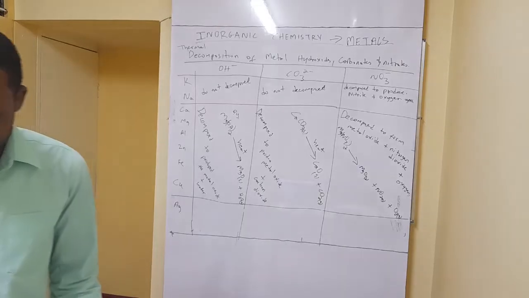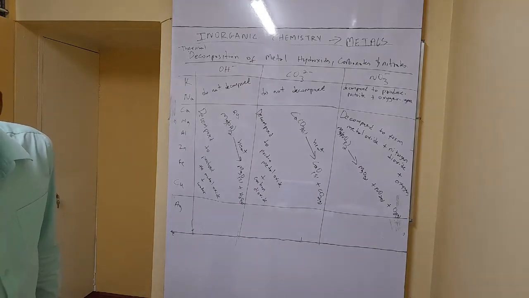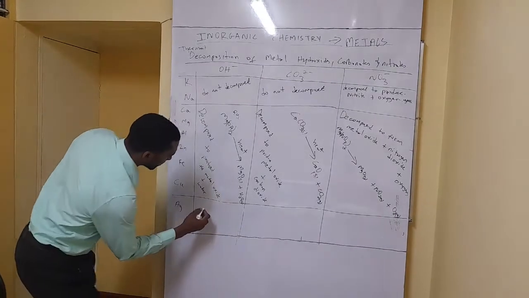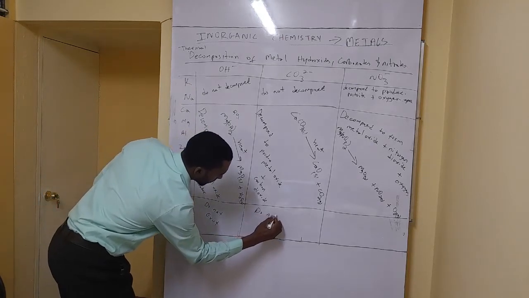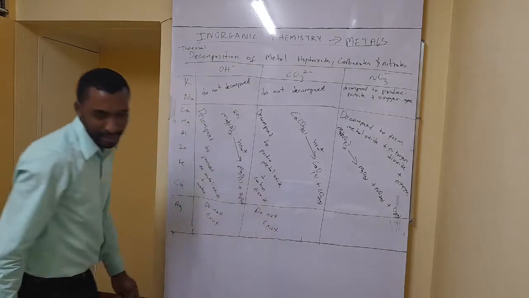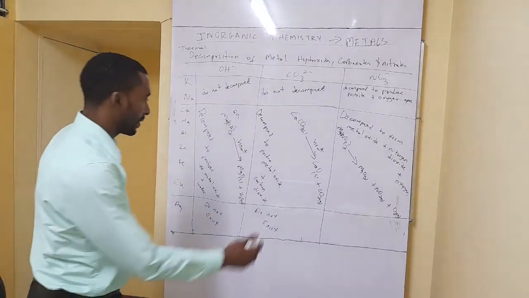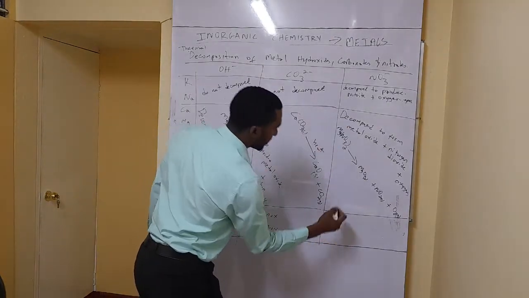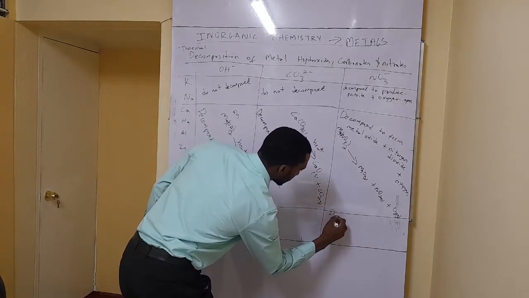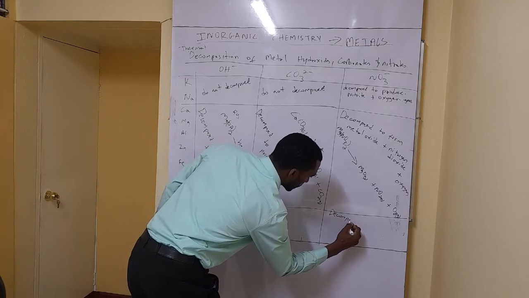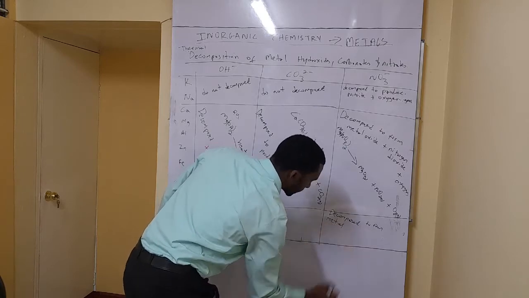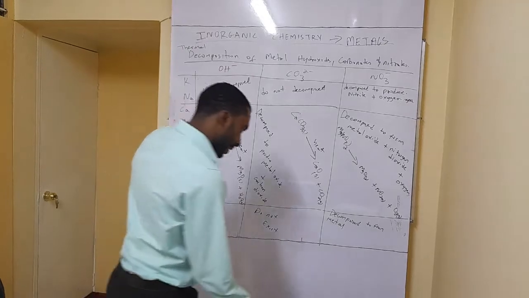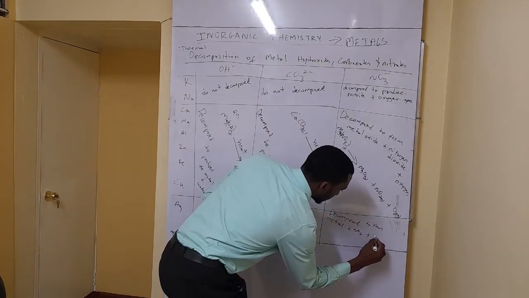You can balance that on your own. For silver and gold, the hydroxide and carbonate basically do not exist. Well, the silver nitrate decomposes to form the metal, nitrogen dioxide plus oxygen.